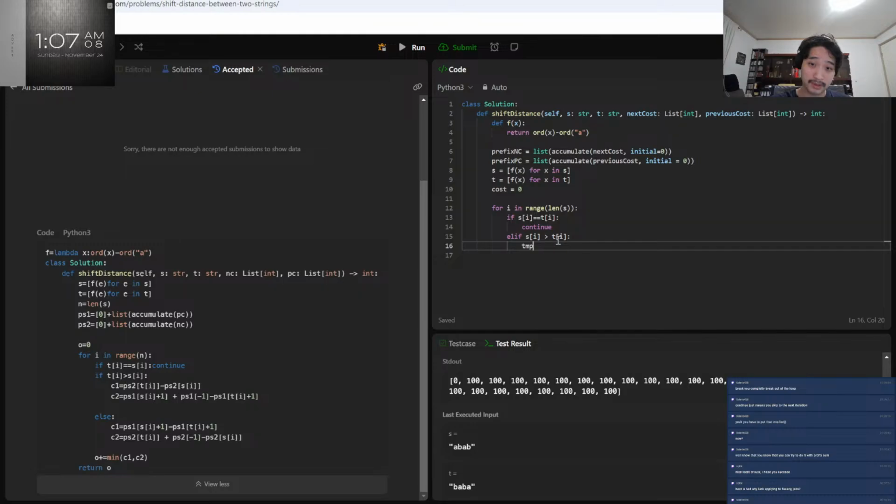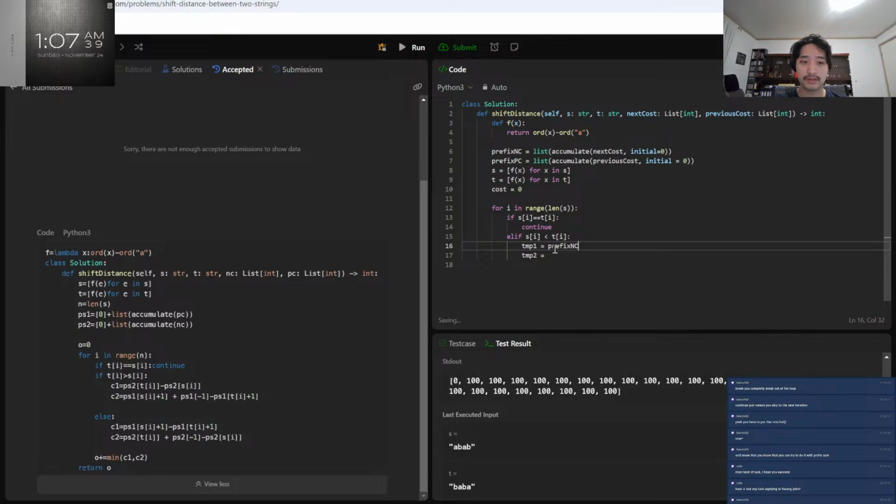Temp 1. I normally don't like to use this, and okay, the way it's calculated with s of i is larger. Oh, let's say less. So if it's less, it's to the right. There will be to the right, so it's prefix nc.